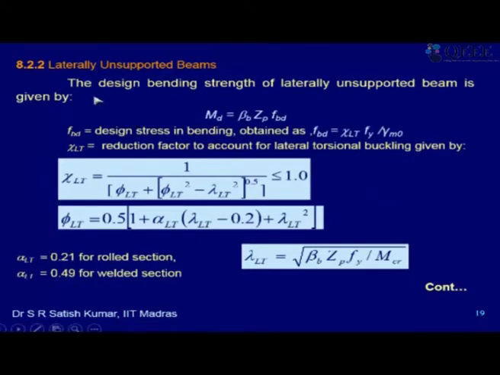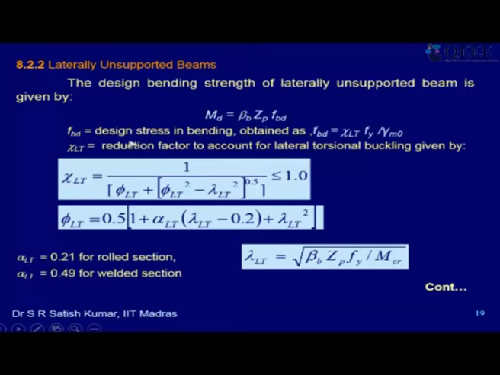The equation that is given in the code as bending strength for a laterally unsupported beam is quite similar to what we use for columns also. Basically we call it a design bending stress. So you have to read this as Md equals FBD, design bending stress, into Zp into beta B. If it's a semi-compact section, beta B will be taken as Ze by Zp, or if it is a compact and plastic section, it will be taken as 1.